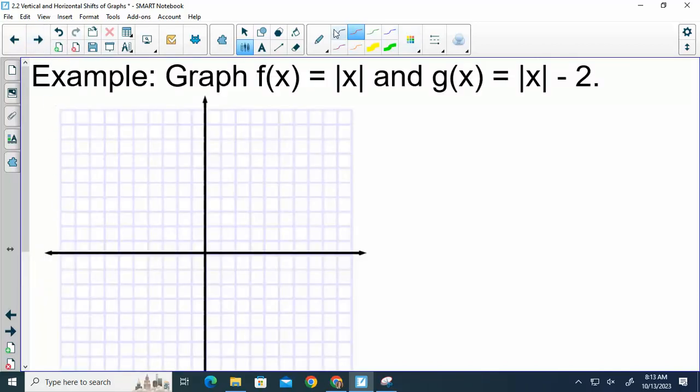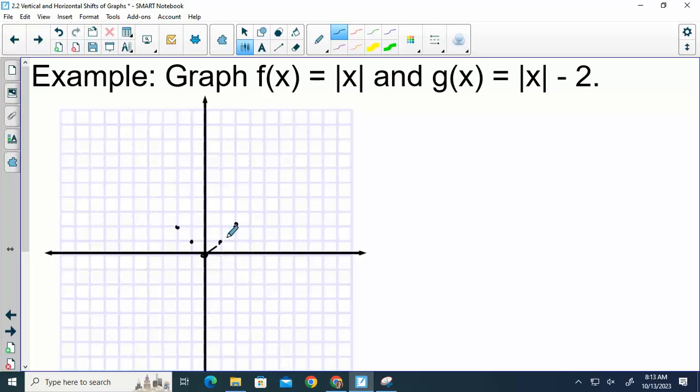So I want to graph f of x equals the absolute value of x, and g of x equals the absolute value of x minus 2. Alright. What does the absolute value look like? Absolute value is 0, 0, 1, 1, 2, 2, negative 1, 1, negative 2, 2.